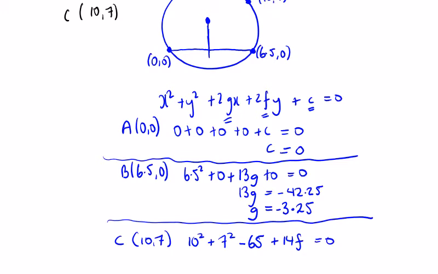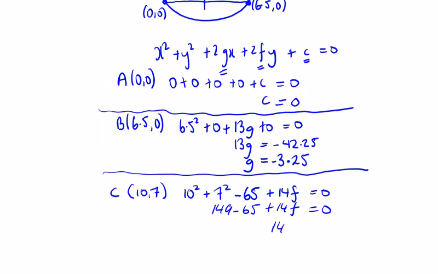So that gives me 149 minus 65 plus 14f is equal to 0. So 14f, 149, take away 65 is equal to 84. So it's positive 84, we're bringing across, making it negative 84. And 6 14s is 84, so f is equal to minus 6.